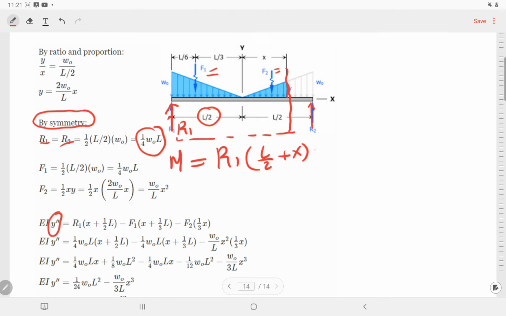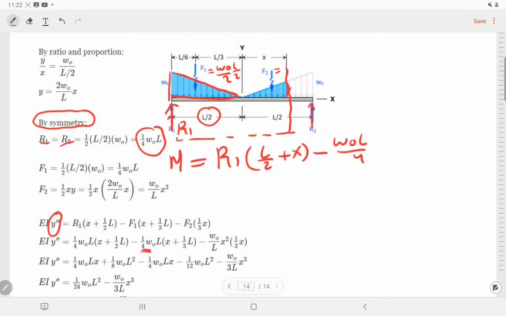For f1, it is minus f1, the resultant of this triangle, which equals w naught l over 2 divided by 2. So I'm going to say which is w naught l over 4.